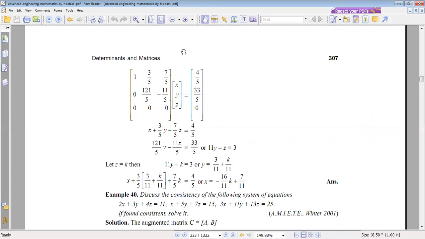Now you can ask me if there is any doubt. Bhargav Sokya, is there any doubt? Sir, till now, no doubt. So when can you say that a system of equations is consistent?